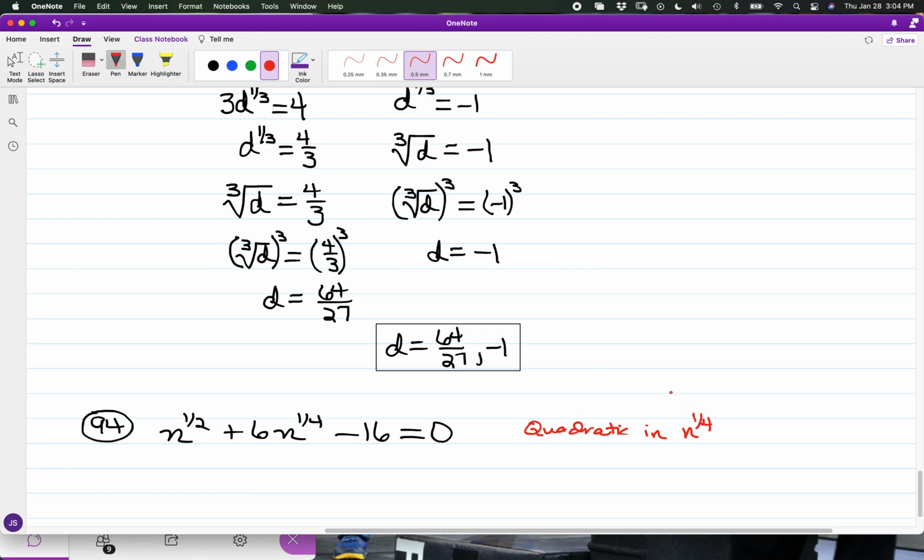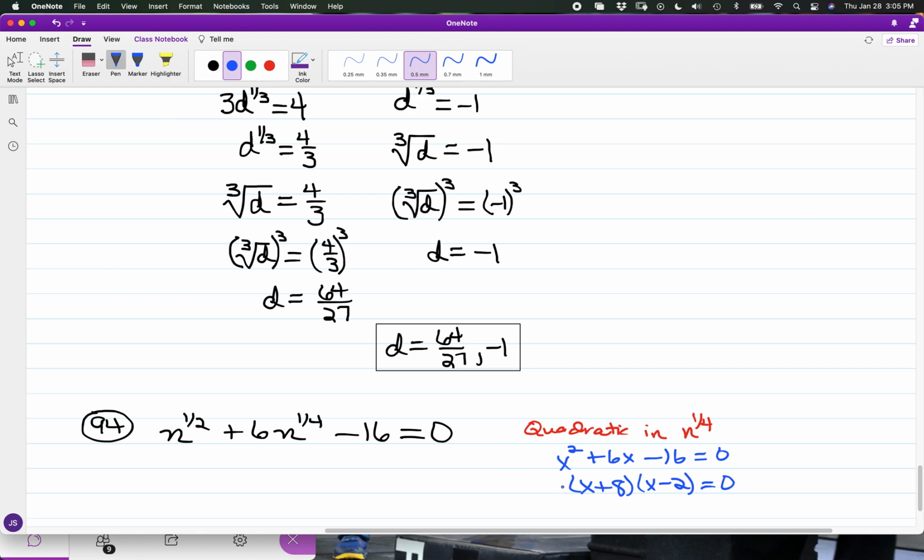And on a parallel note, if I have a trinomial, say x squared plus 6x minus 16, you know, with factoring, I have x plus 8 and x minus 2. We say that x squared correlates with n to the 1/2 and x correlates with n to the 1/4.